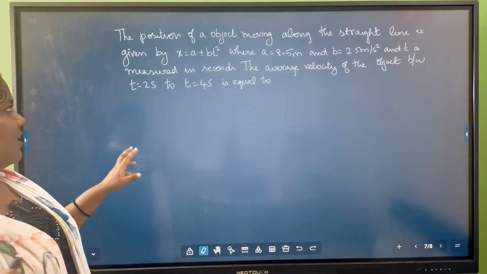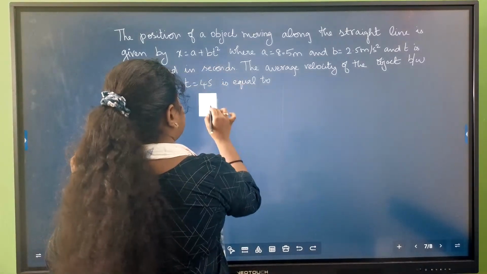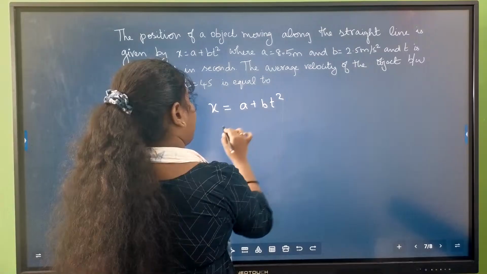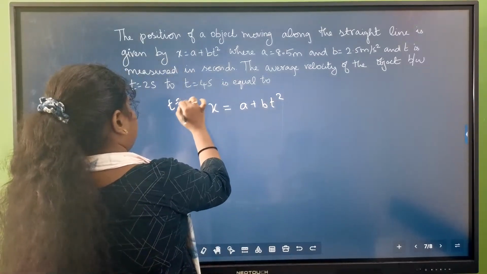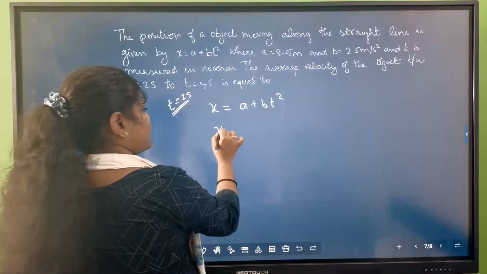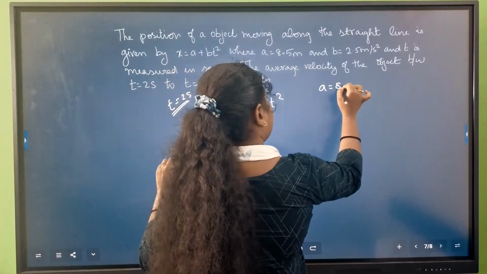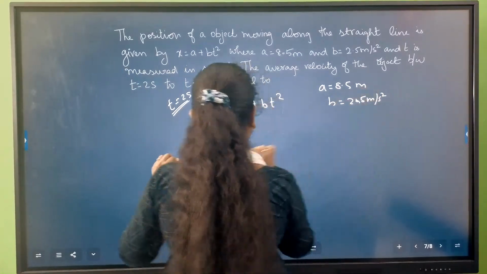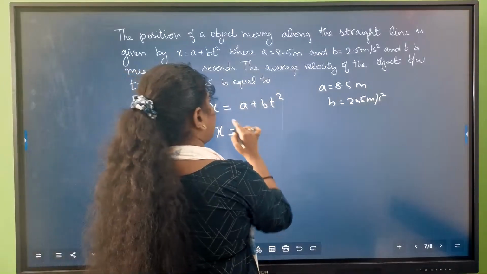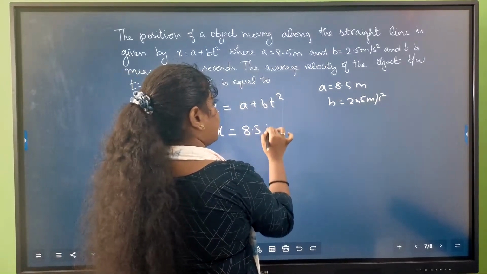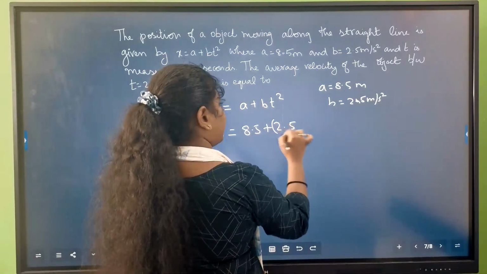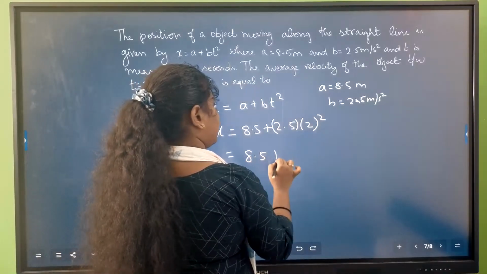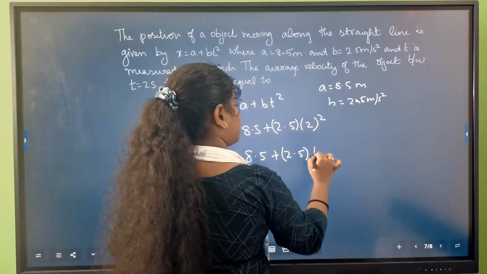So they have given the equation x is equal to a plus bt square. a ஓட வேல்யூ என்ன, x find for t equal to 2 seconds கண்டுபிடிக்கலாம். x is equal to, and a b ஓட வேல்யூ என்ன, a வந்து 8.5 meters and b வந்து 2.5 meter per second square. என்ன கண்டுபிடிக்கிறோம், velocity கண்டுபிடிக்கிறோம். so your a is 8.5 plus your b is 2.5 into t square which is 2 square, end up at 8.5 plus 2.5 into 2 square.